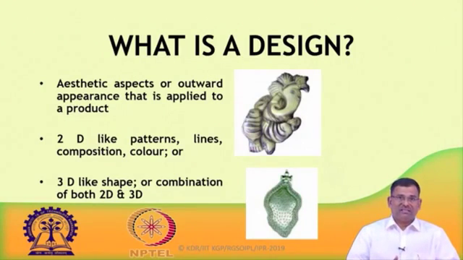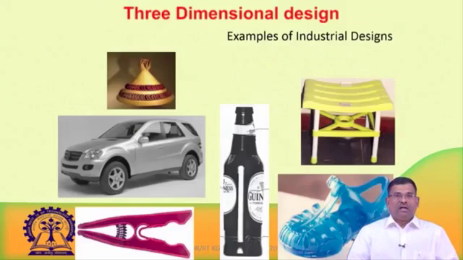The aesthetic appearance is actually what is registrable as design. If the aesthetic aspect is new, it can be registered as a design. You can find any number of industrial designs which can be registered. It can be a design of a vehicle, of a bottle, even of a chapel.